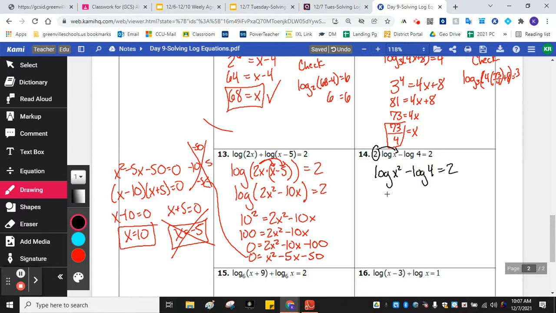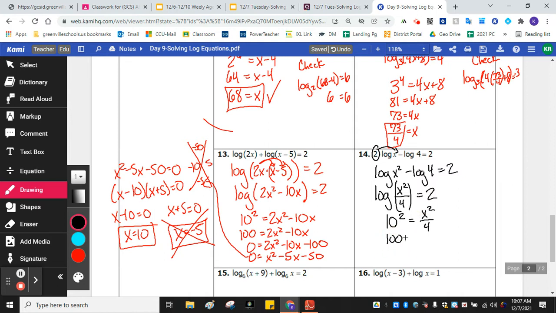Condense it. Condensing a subtraction of 2 logs is done with division. Log of x squared over 4 equals 2. Okay, writing an exponential, base of 10 squared equals x squared over 4.